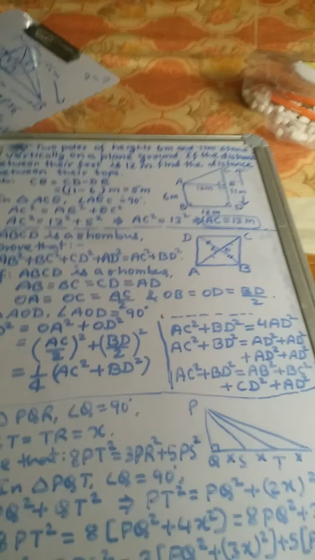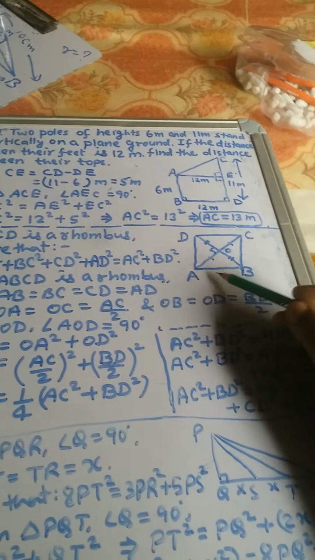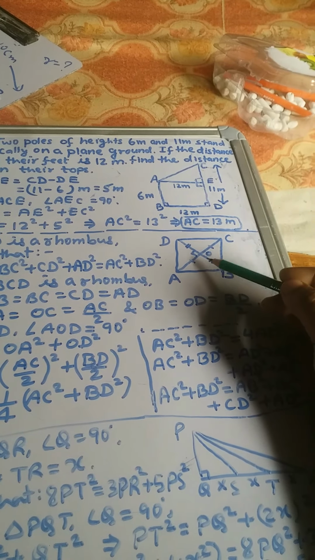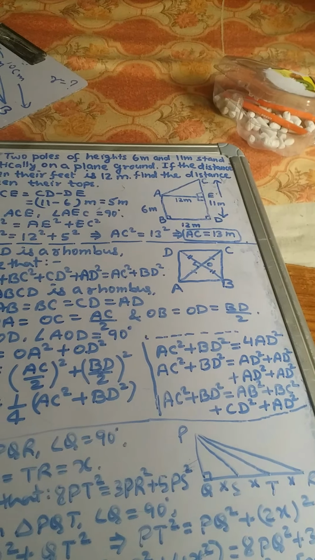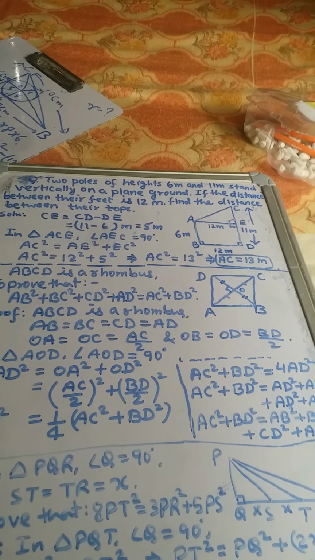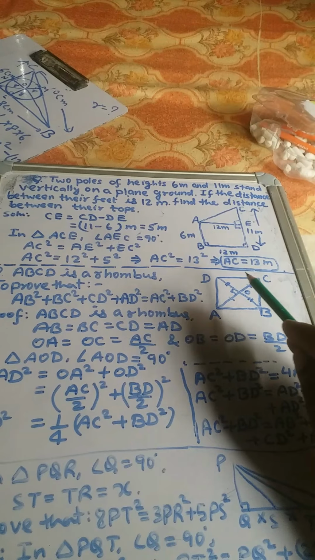Clear? Now the next question: ABCD is a rhombus. That means all sides of a rhombus are equal: AB, BC, CD, AD are all equal. What do I have to prove? We have to prove one more property of the rhombus: all sides are equal and the diagonals bisect at 90 degrees.